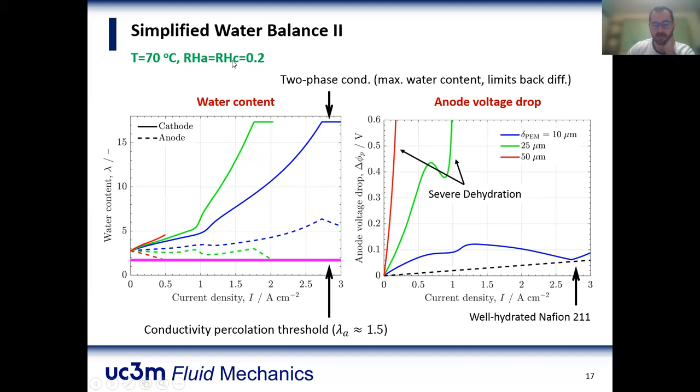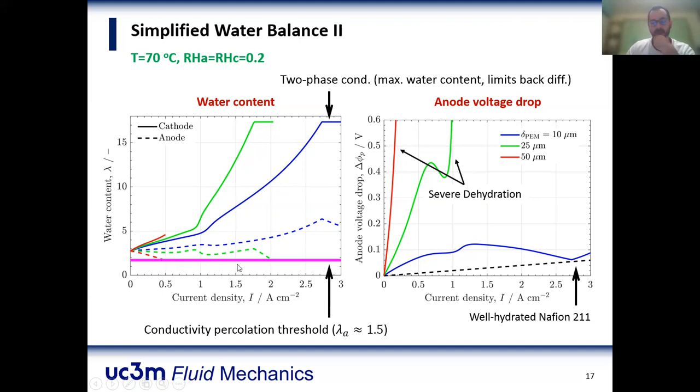Actually, at very low relative humidities, you can reach much higher current densities without drying out of the anode. This is very different from the other two membranes, where we observe very high ohmic losses and dehydration of the anode.